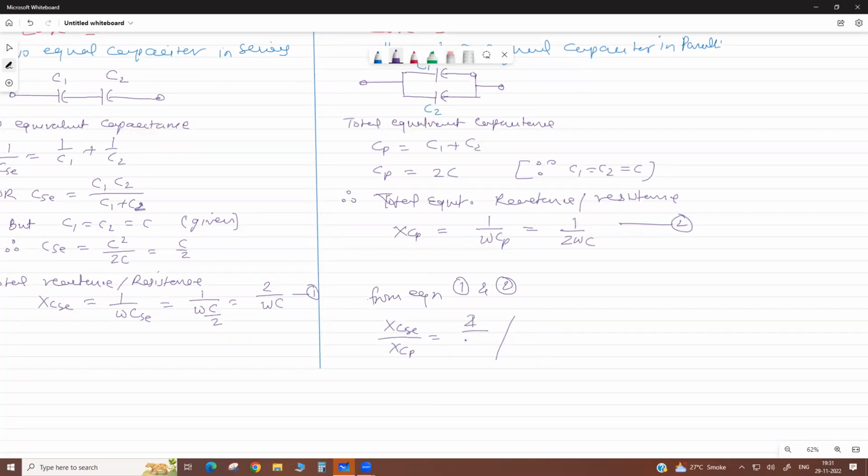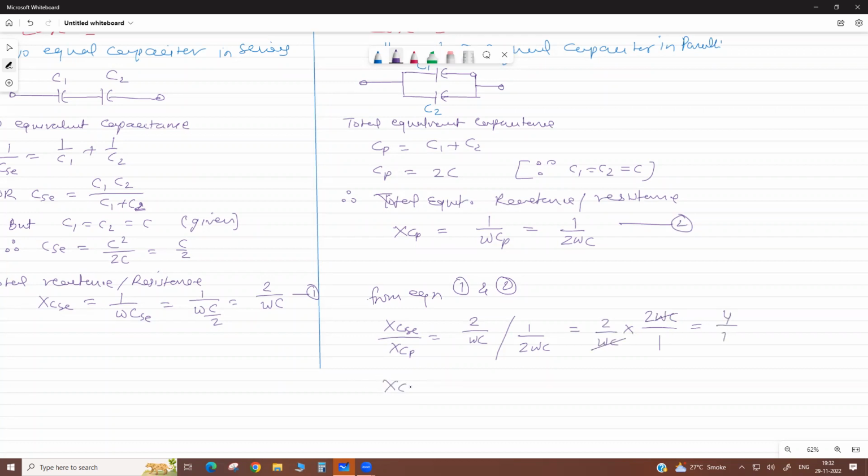So here 2 by omega C, and here it is 1 by 2 omega C. We can change it into multiplication, then 2 omega C by 1. Omega C cancels. It comes 4 to 1 ratio.